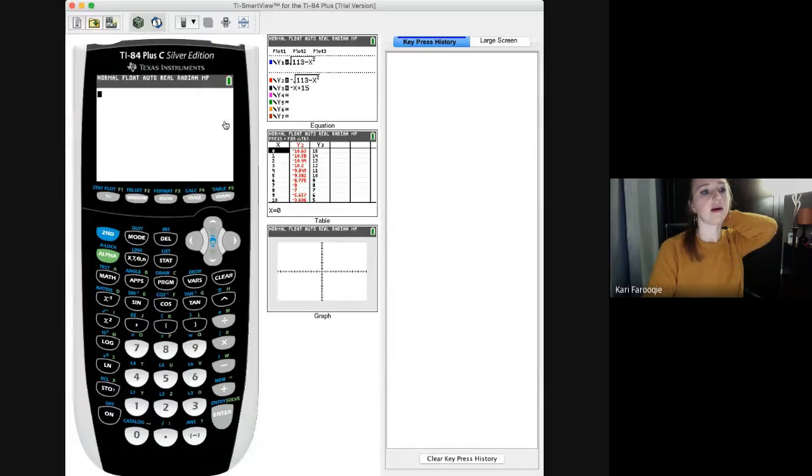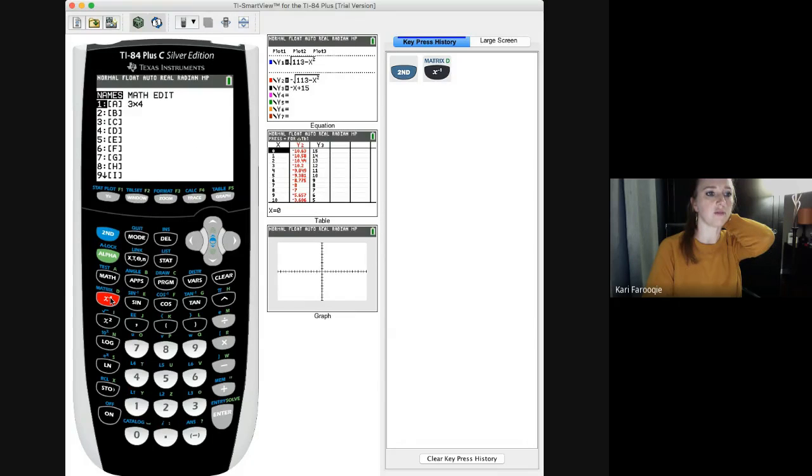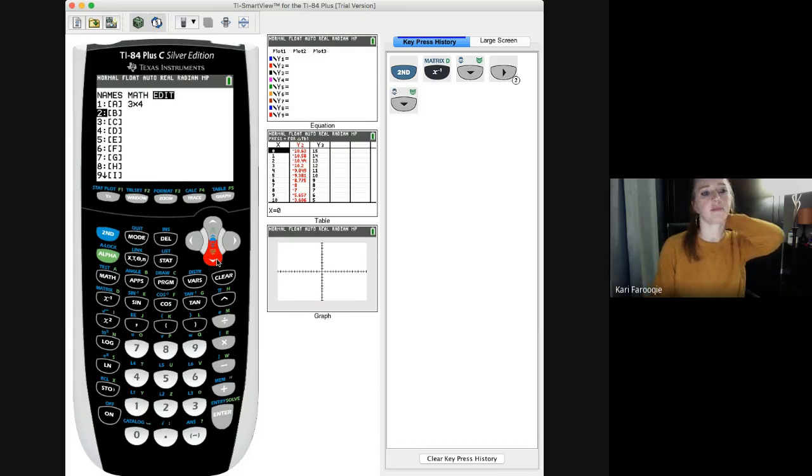Okay. Remember, when you're entering your matrix, you're going to go to second matrix. If you want to use A, fine. If you want to do something different and use B, fine. Oh gosh, I forgot edit and then go down to B. I always do that, like every time. Okay, edit, and then I've selected B.